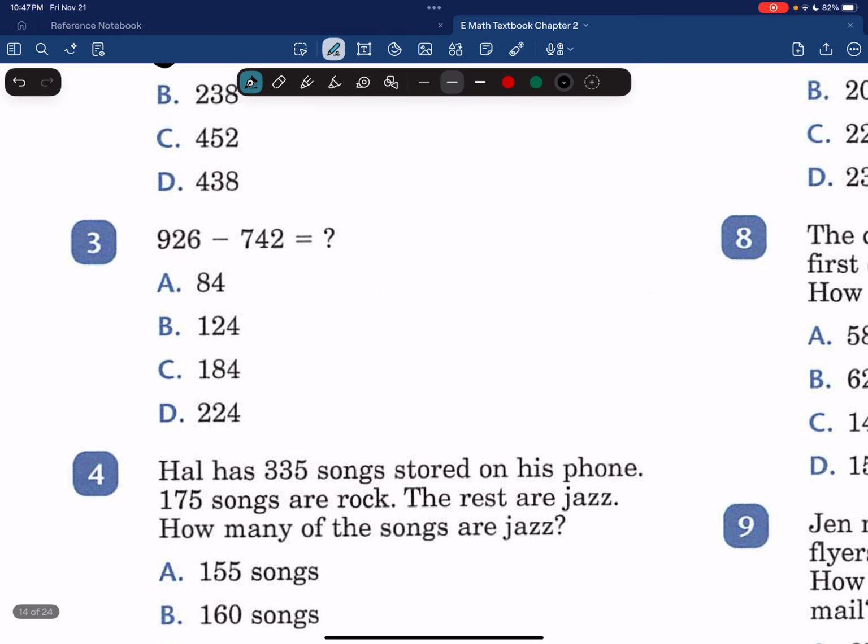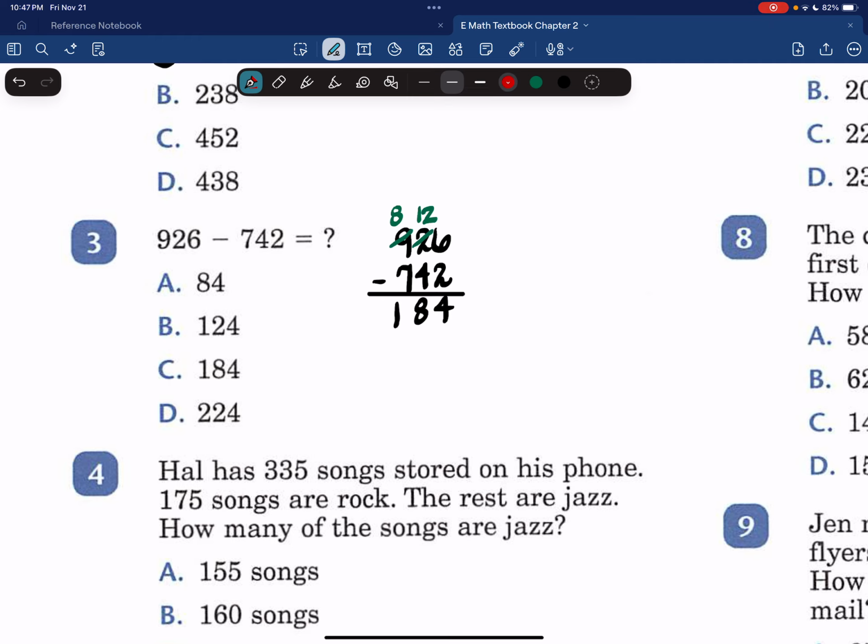All right, 926 minus 742. Make sure that you line it up correctly. 6 take away 2 is 4. 2 take away 4. Bottom number's bigger, better borrow. So I'm going to borrow from the hundreds and give to the tens. 12 minus 4 is 8, and 8 minus 7 is 1.